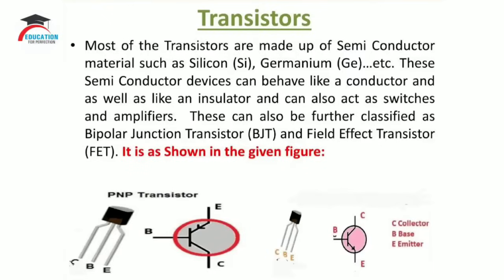They can be further classified as bipolar junction transistor, called BJT, and field effect transistor, also called FET. The figure of the transistor can be seen as shown.